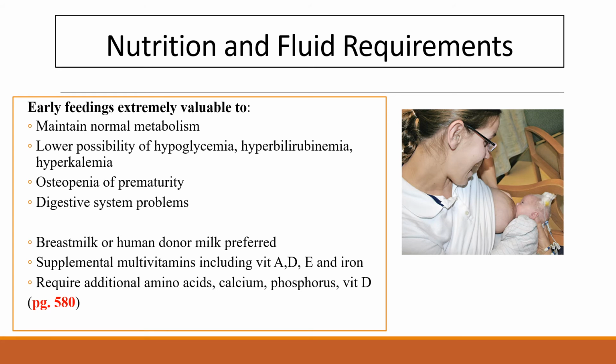Some babies may be eating every 3 to 4 hours, while some of these babies may need to be fed every 2 to 3 hours, just so we can keep their fluid requirements and their nutritional requirements up.